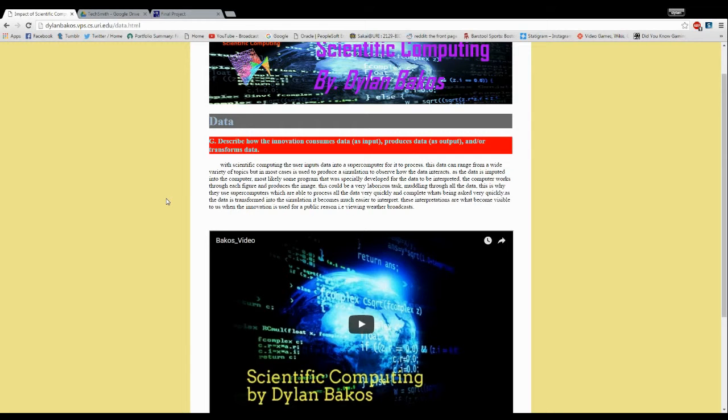The computer will understand what the program's asking for, compile all the data, do whatever the program's asking for, and the computer will just follow, and then eventually produce a simulation or just a more easily interpreted data that we can view ourselves.